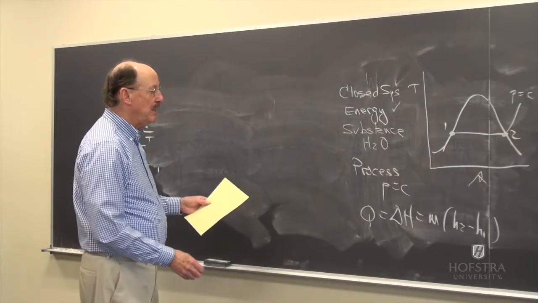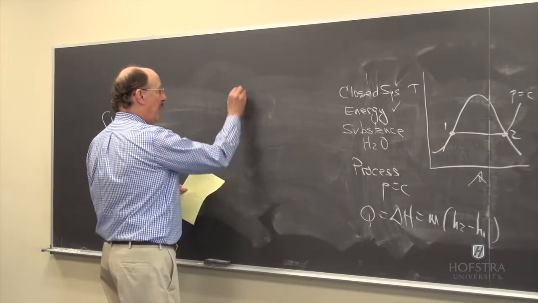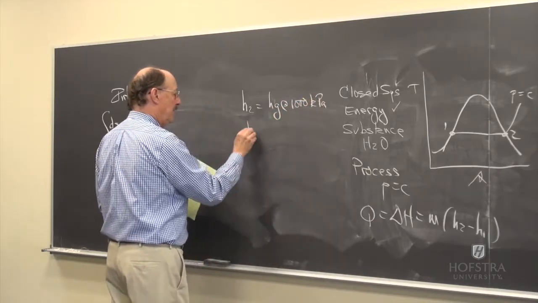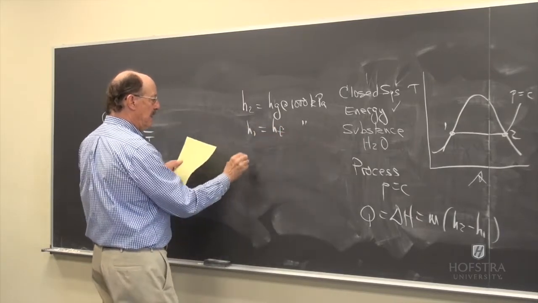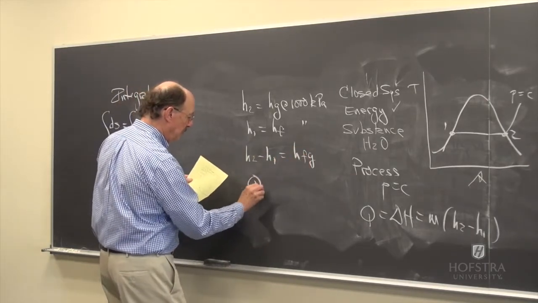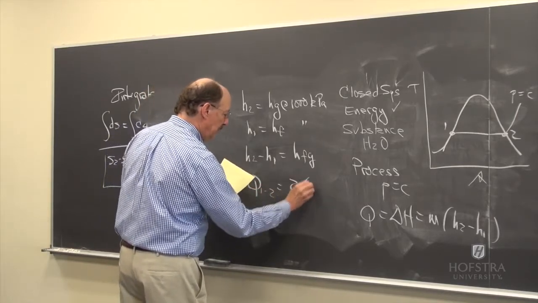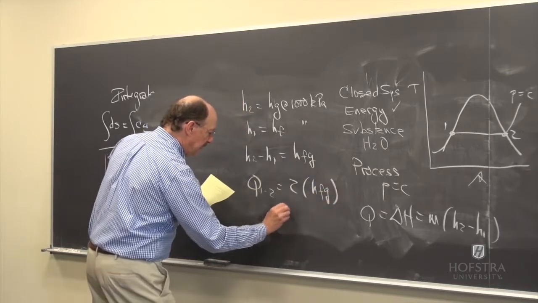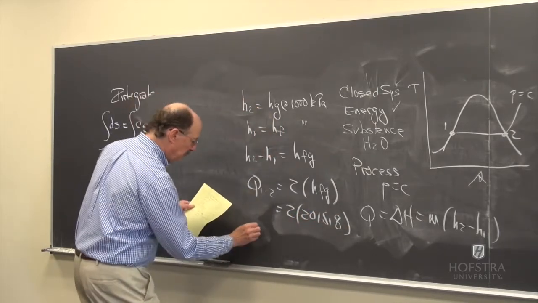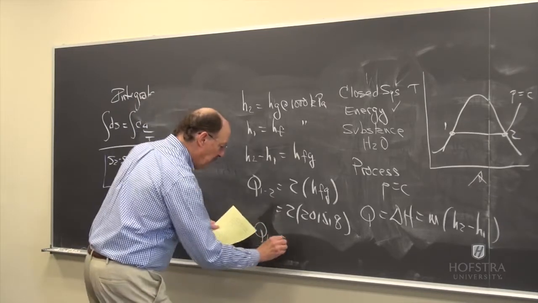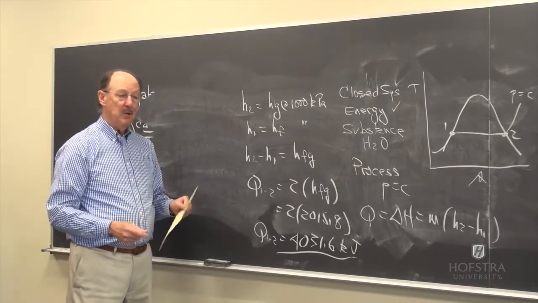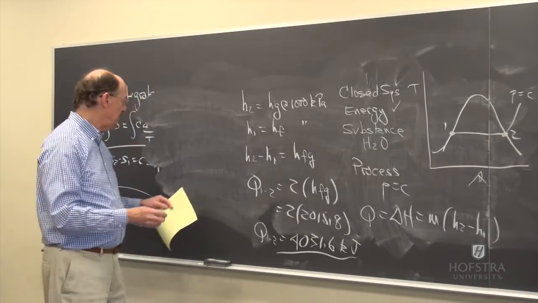So what we want to do is find the properties h1 and h2. h2 is equal to h sub g at 1000 kPa. h1 is equal to h sub f at 1000 kPa, and h2 minus h1 is equal to h sub fg, so I really only have to look up one term. So Q12 is equal to 2 times h sub fg, and if I look that up, it's 2 times 2015.8, and so I have that Q12 is equal to 4031.6 kilojoules. But notice as well that del Q is equal to TdS.